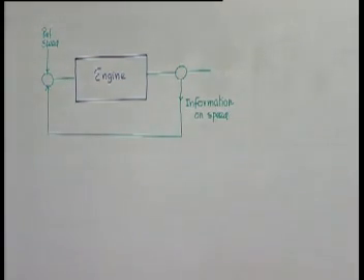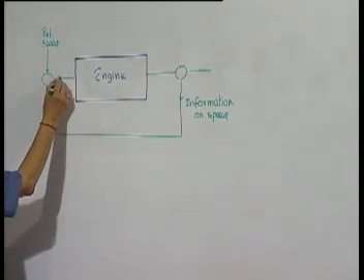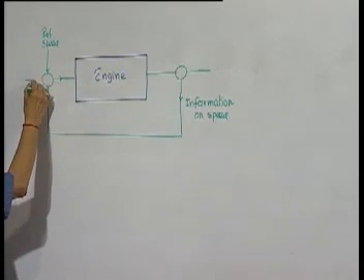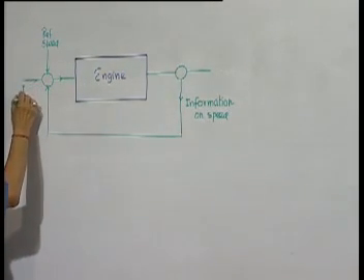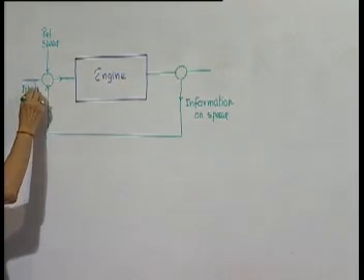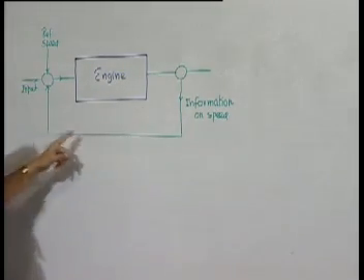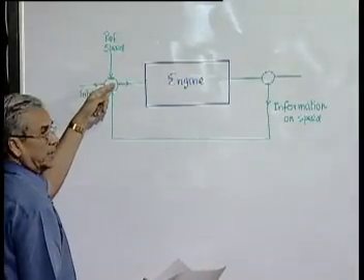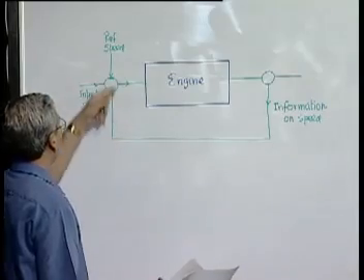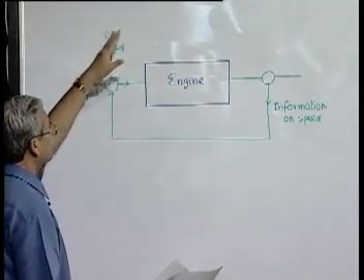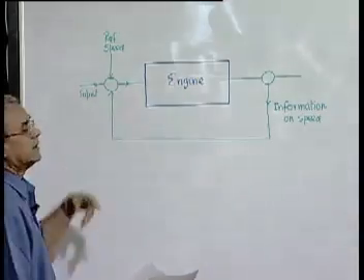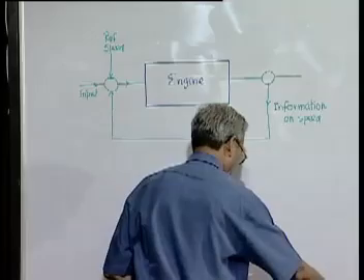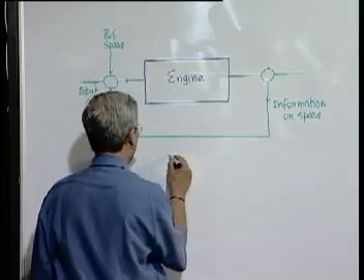And we find if there is an error, whether the speed is more than this or less than this. Depending on that, we manipulate the input. So if the speed we find has fallen, we increase the input till this speed matches our reference. If it is found to be more, then we cut down the input so that the speed decreases till it reaches the reference value. This basic concept or principle is called feedback control.